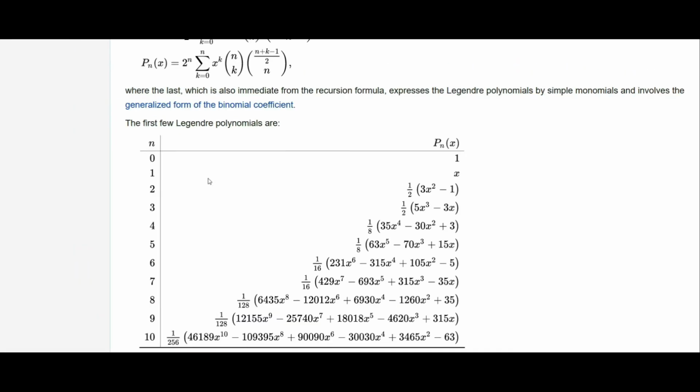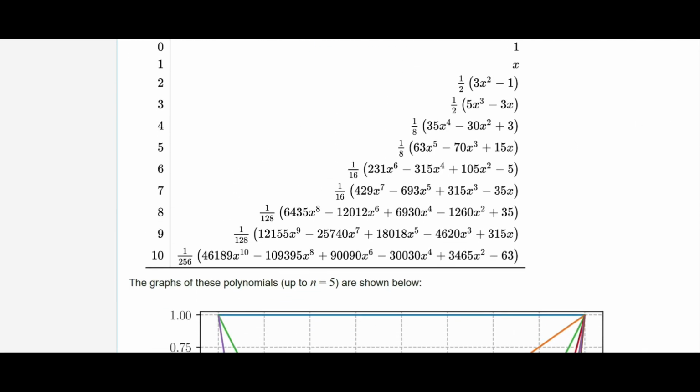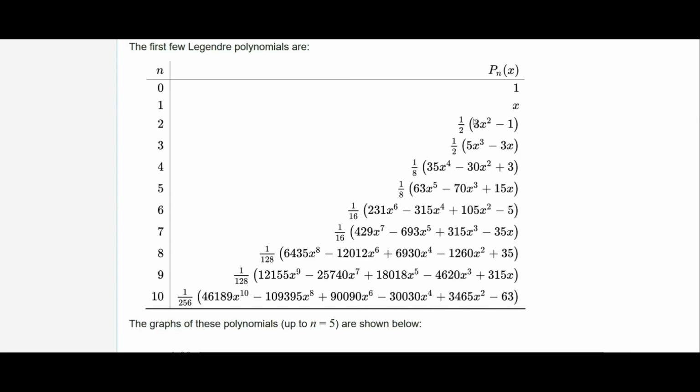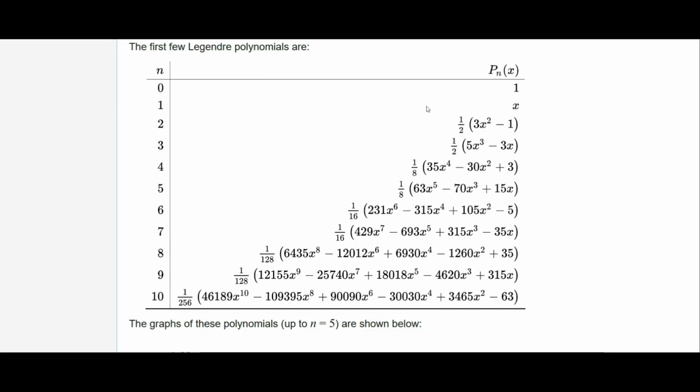So I'll zoom in a little bit. These are the first 10 Legendre polynomials right here. This has a little n down here, but I was using p. So if we have 0 for n, or in my case for p, we would get 1, then x, then 1/2 times 3x squared minus 1, and so on and so forth.